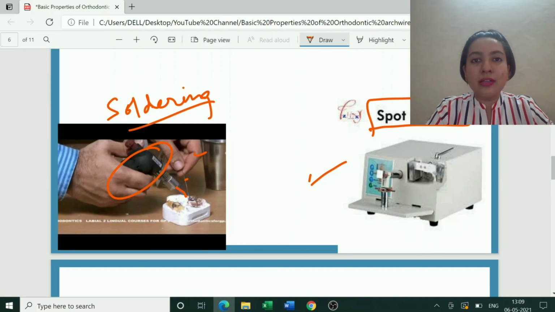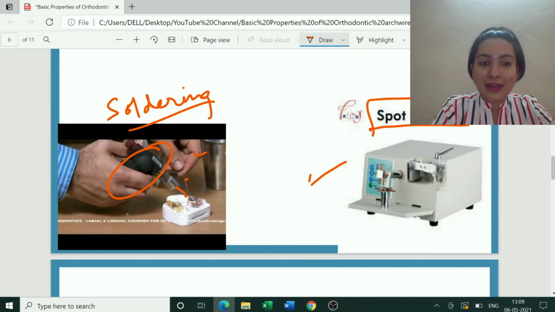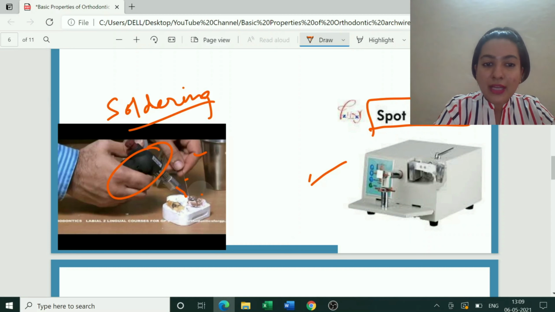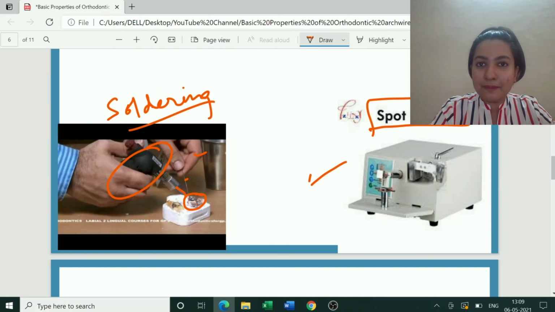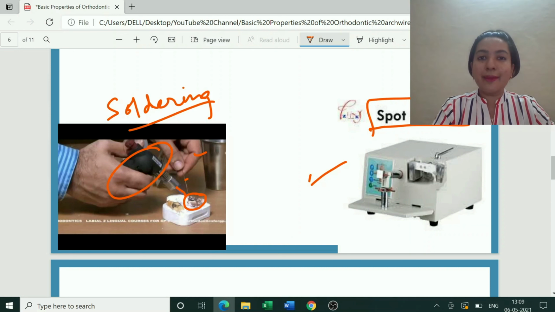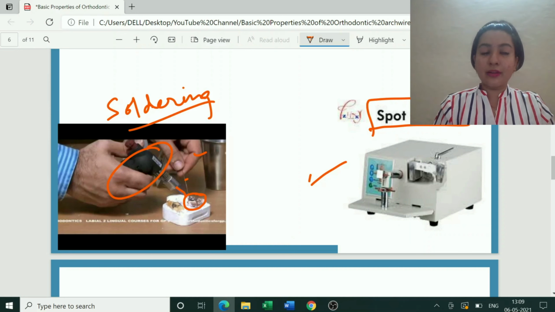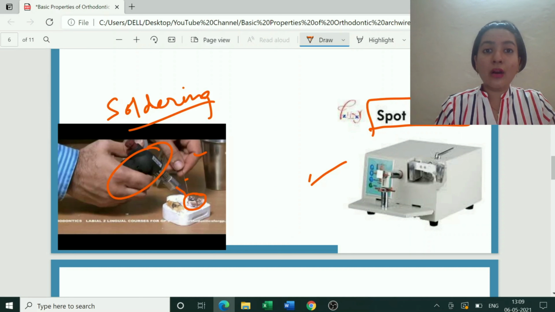Therefore, we tell you that the melting point of the filler should be less than that of the parent metal. Otherwise, when the flame is over here, if this assembly melts, it is of no use. This assembly of the two parent metals has to be kept constant in that particular way, without hampering any of its properties.